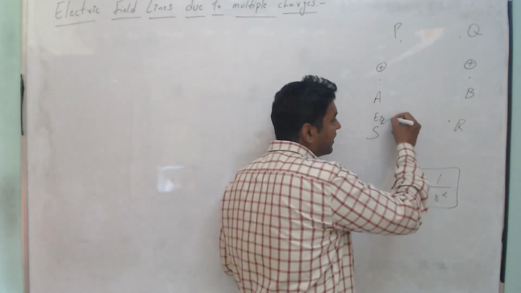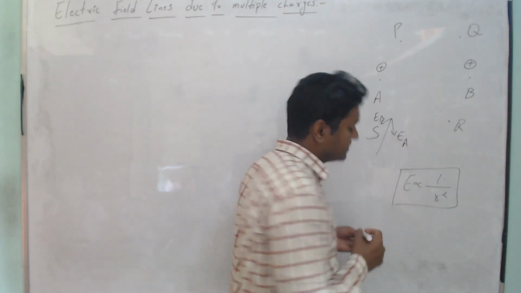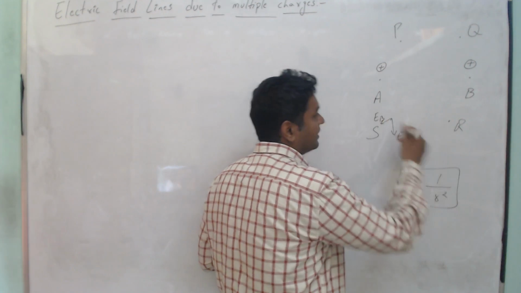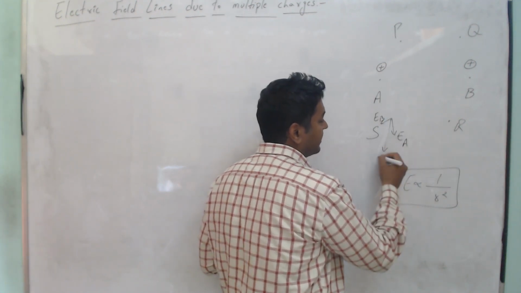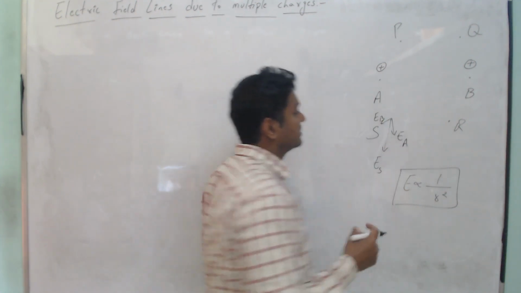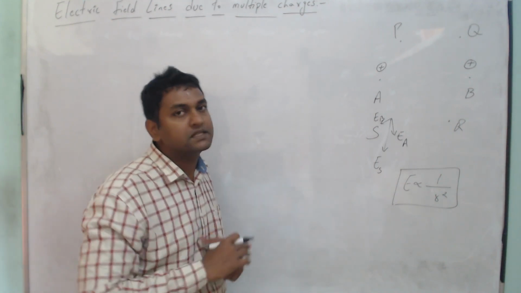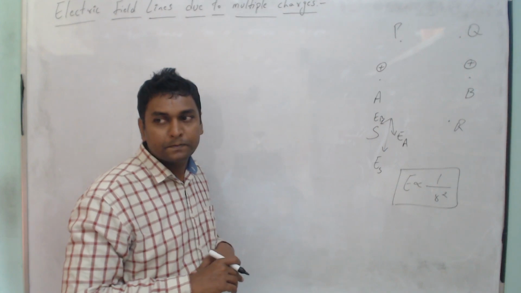That means the electric field at S will be more or less towards the A side, the EA side, and I will draw this as ES. This is the electric field line direction, that's it.